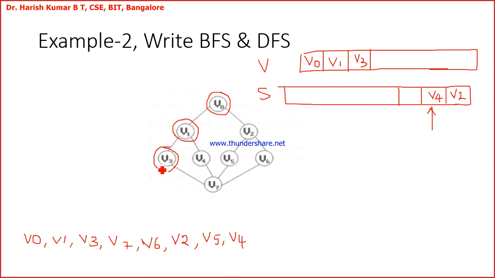Next I have to find out the adjacent nodes for V3. Adjacent node for V3 is V1 and V7. V1 is already visited. Now V7 I push it onto the stack, and we have the top pointing here. The next node to visit is V7.